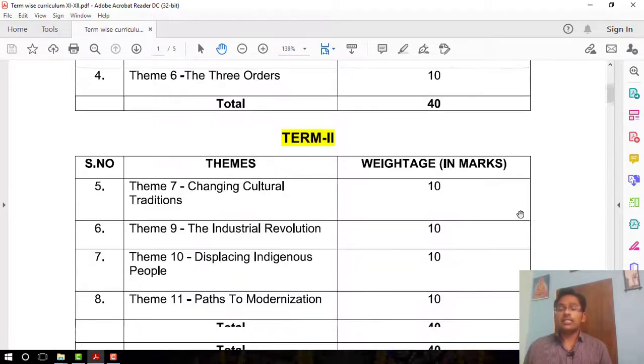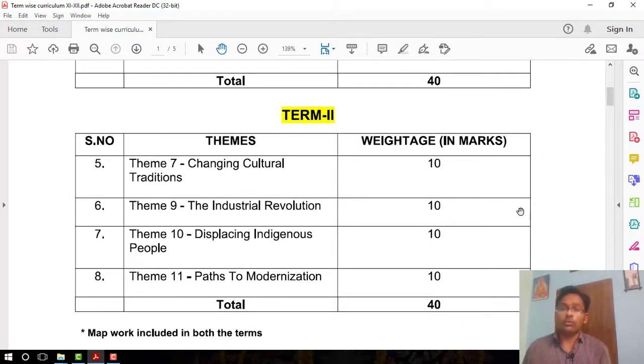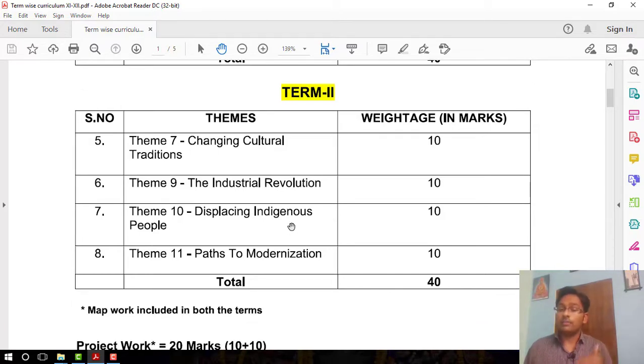Now next you can see this is the course structure for term 2. You can see there are also 4 chapters. Theme 7, Changing Cultural Tradition. Theme 9, the Industrial Revolution. Theme 10, Displacing Indigenous People, and finally Theme 11, Paths to Modernization.